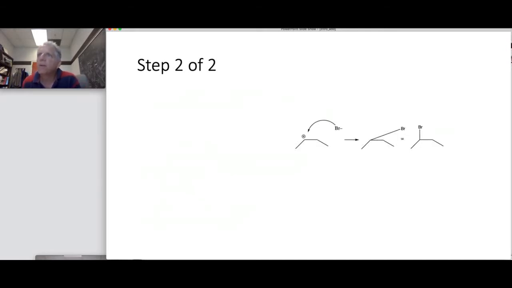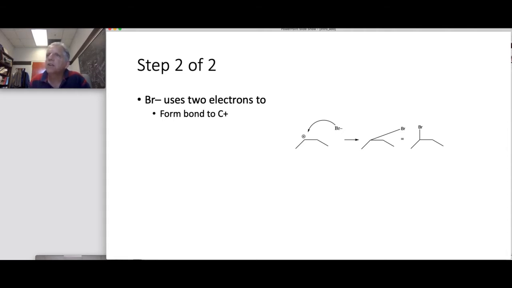In step 2, I've got a bromide, and the Br- forms a bond to that other carbon. So the bromine uses two electrons to form a bond to the C+. In that first drawing, you see how I drew that ridiculously long carbon-bromine bond. I did that to show you that nothing else changes. The only thing that's going to happen is I'm going to form a line there.